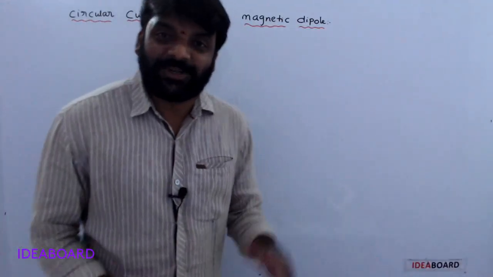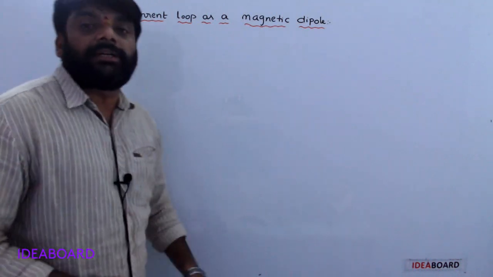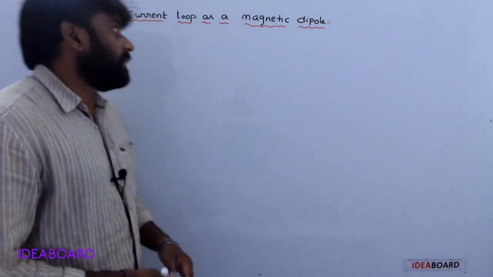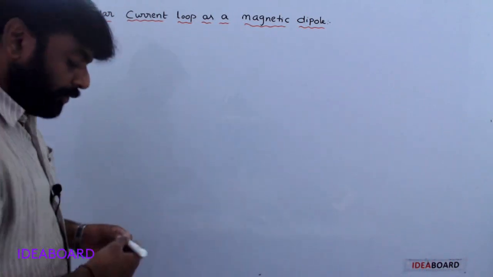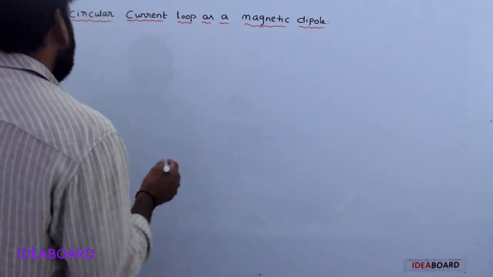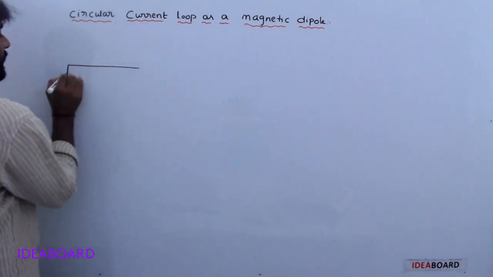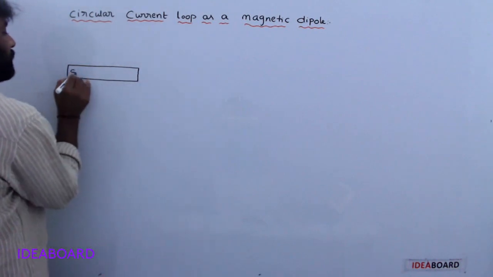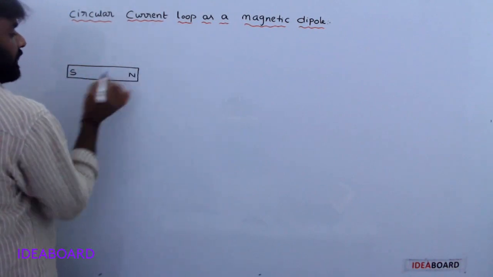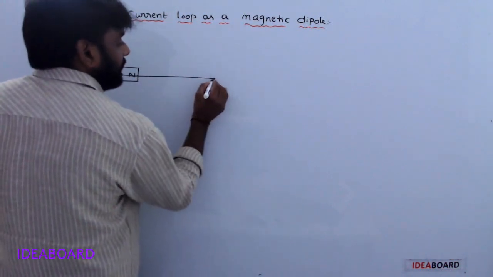Hi students, today our topic is circular current loop as a magnetic dipole. You know already, if it is a bar magnet, with south pole and north pole, this is the axial line.